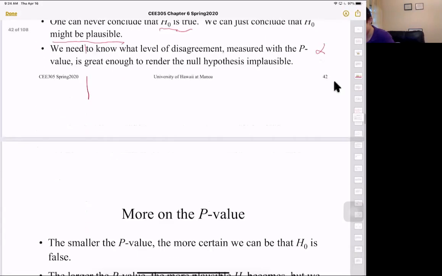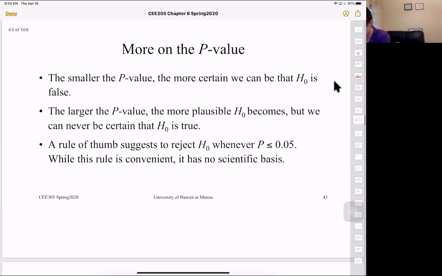And the smaller the p-value, the more certain that H0 is false. And the larger the p-value, the more plausible H0 becomes. But again, we can never be certain that H0 is true.